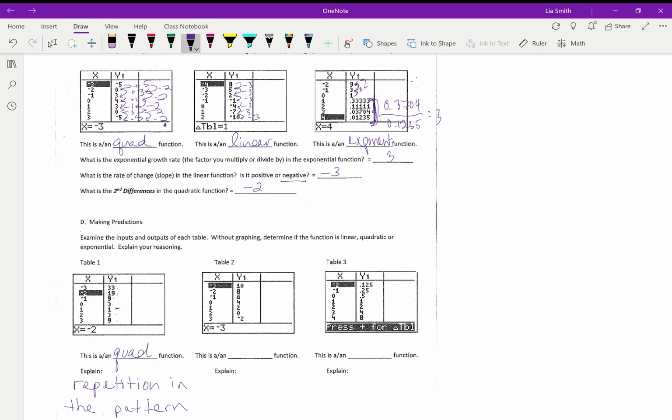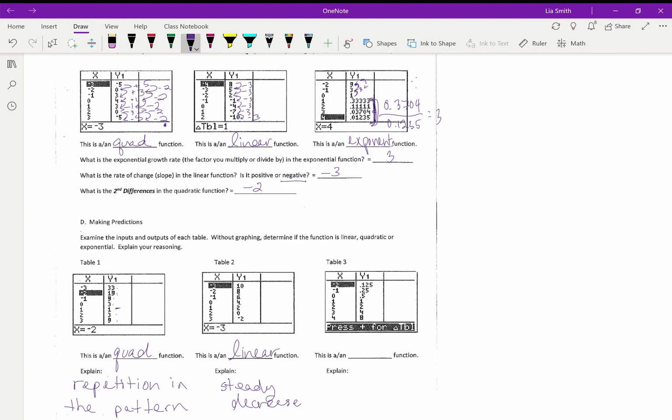Okay, table number 2, what are some of the things that you notice? 10, 8, 6, 4, 2, 0. If I go 0, 2, 4, 6, 8, 10, now I'm counting by 2s. So this would just be a steady decrease. I'm just counting by a series of 2s. So this is linear.